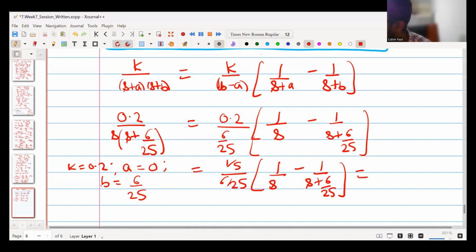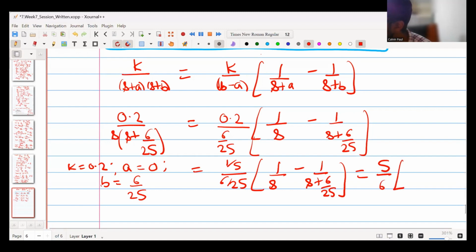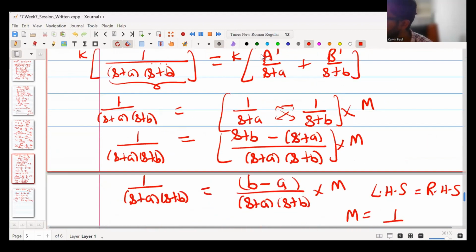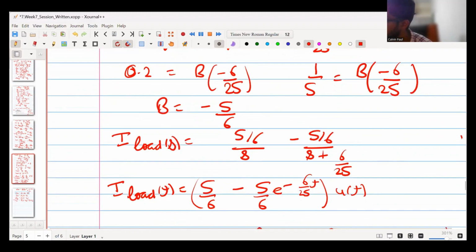So it becomes equal to 5 by 6 into 1 by s minus 1 upon s plus 6 upon 25, which is what we had got earlier.